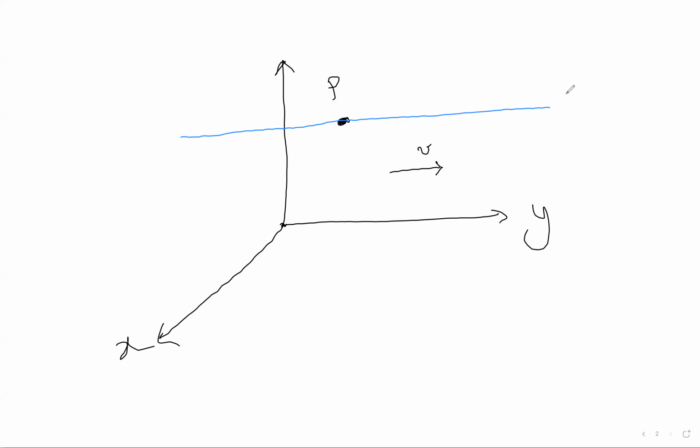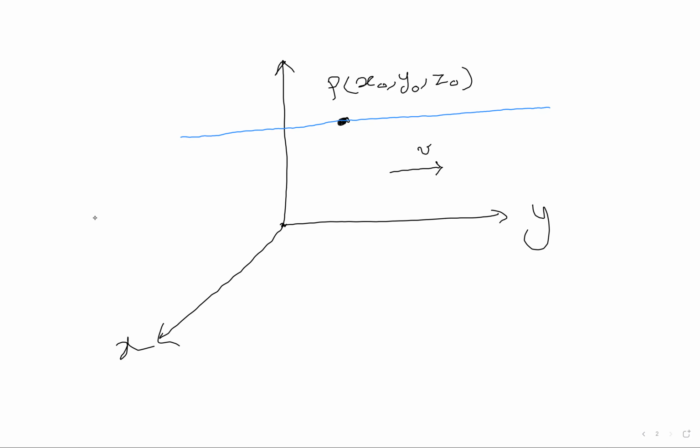Okay, so I can look at every point on this line as a vector. So P itself is a vector. First of all, let me give coordinates to P. Suppose the coordinates of P are x0, y0, and z0. It's a point in the three-dimensional space.